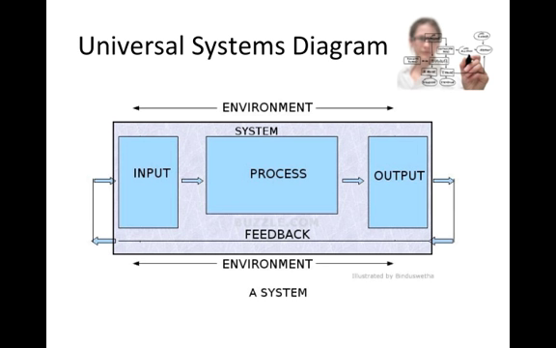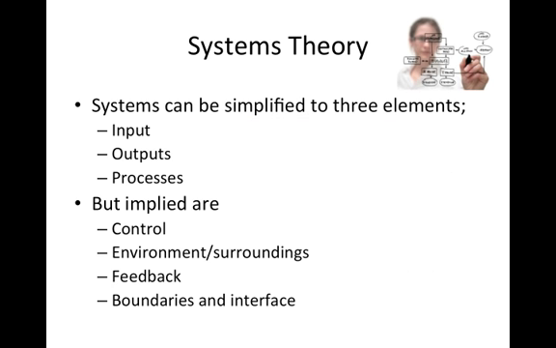So systems are complex at some level, but are also very simple at their most basic: input, process, output. But also implied are things like control. Control is, especially in human systems and in biological systems and others as well, things that keep the process in check.